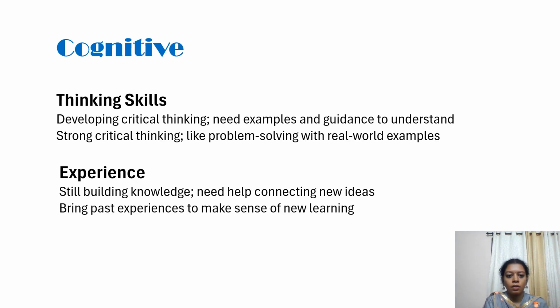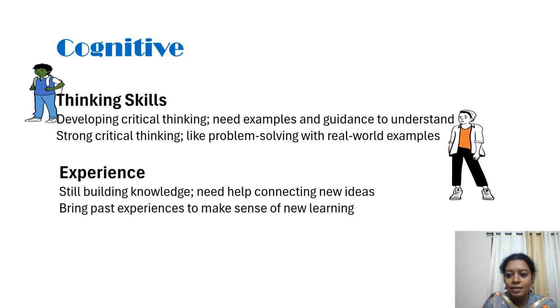And next is the cognitive aspect. Okay, first one is thinking skills. So developing critical thinking, but need examples and guidance to understand. That is adolescent. Strong critical thinking, like problem solving with real world examples. That is adult, right?